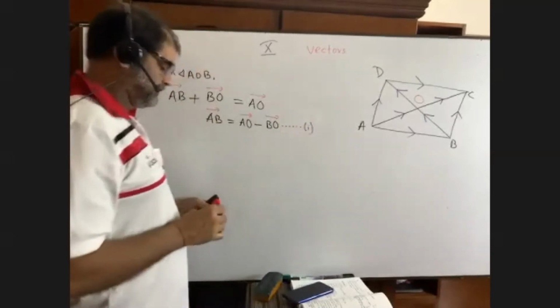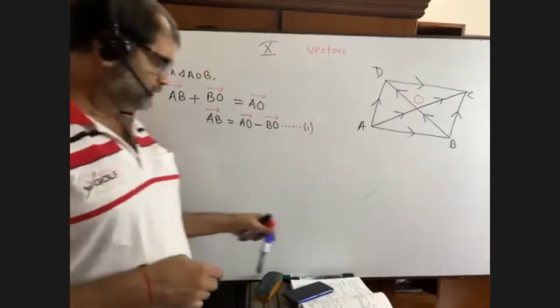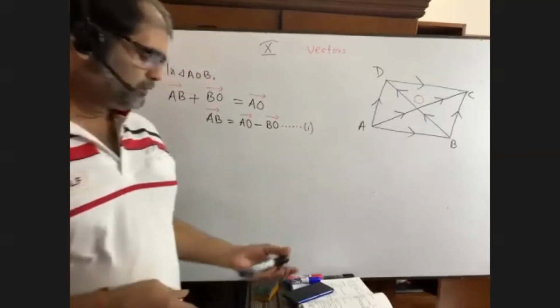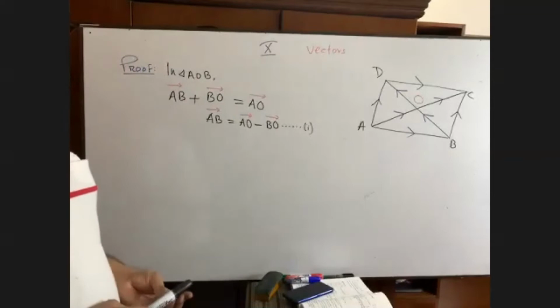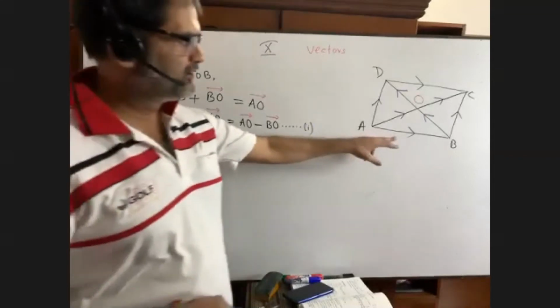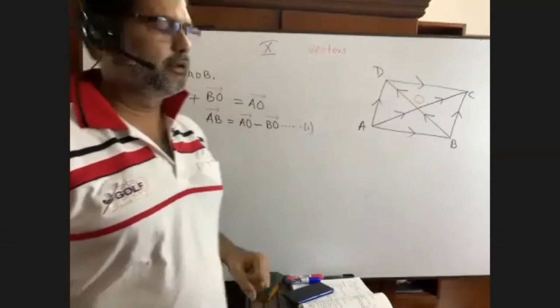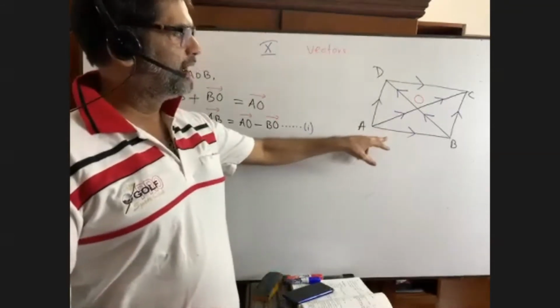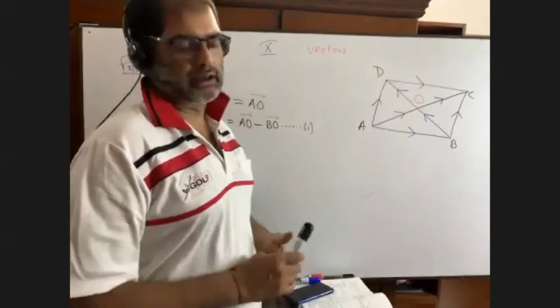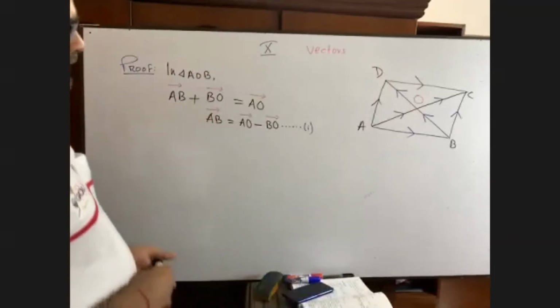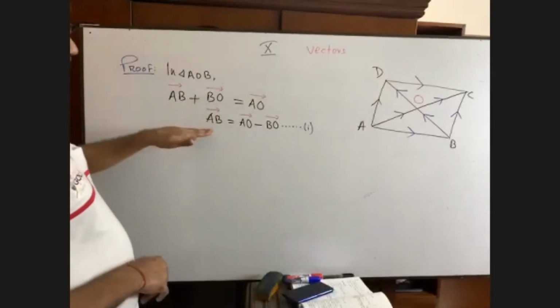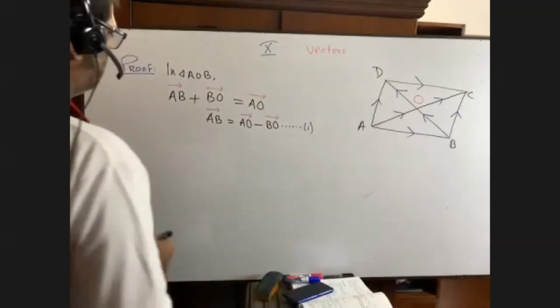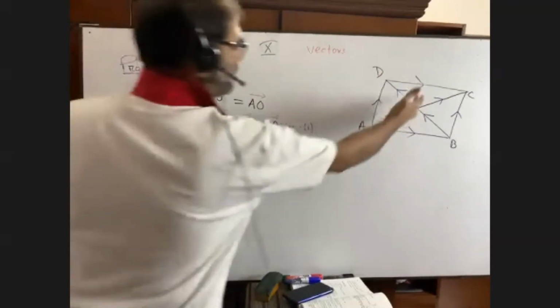At first, try to understand what is the definition of a parallelogram. The opposite sides are equal and parallel. So our first duty is to make the side AB and the side DC equal and parallel. So for this, I have taken here AB. In the same way, write down in triangle COD.